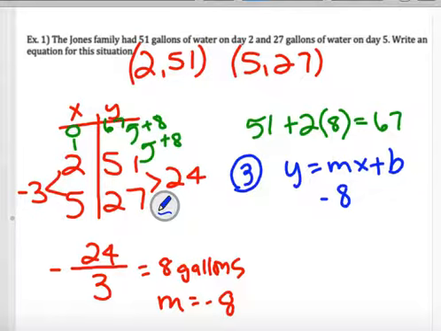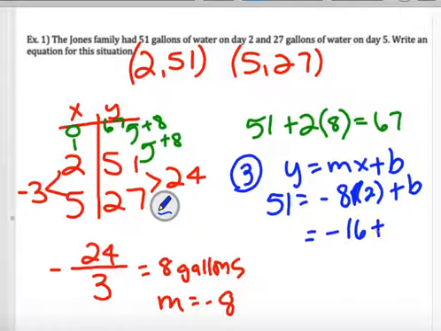My y value is 51. So 51 equals, m is negative 8 that we calculated, times my x value from the ordered pair, 2, plus b. So now, negative 8 times positive 2 is negative 16. And add my 16 over to get b by itself.